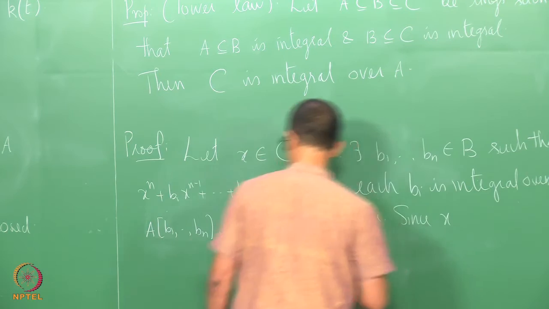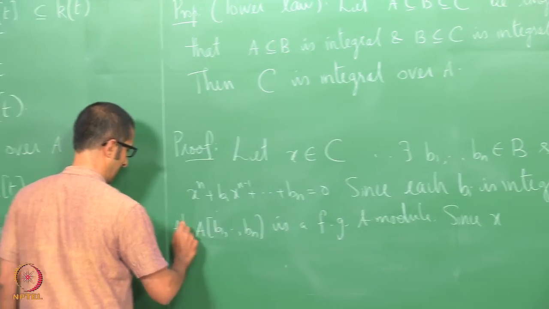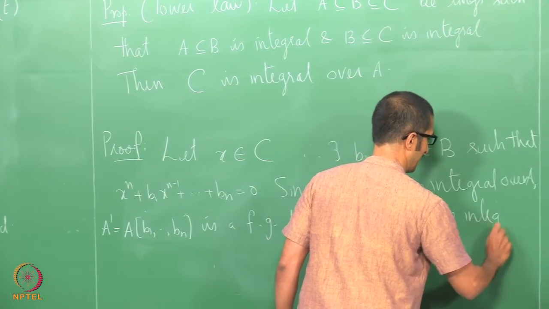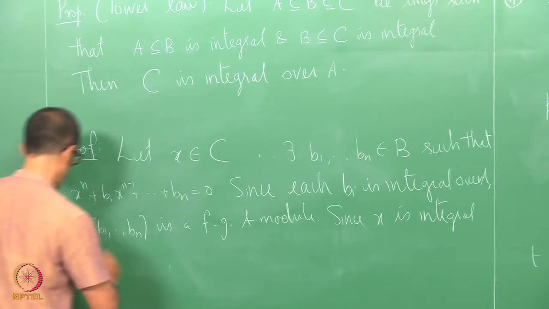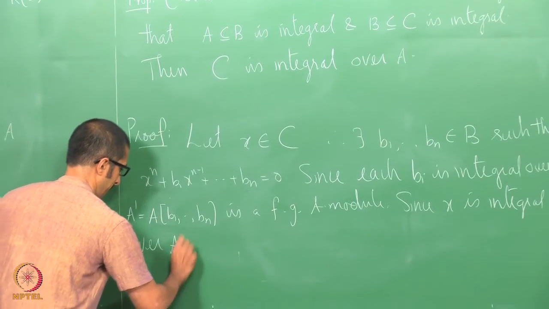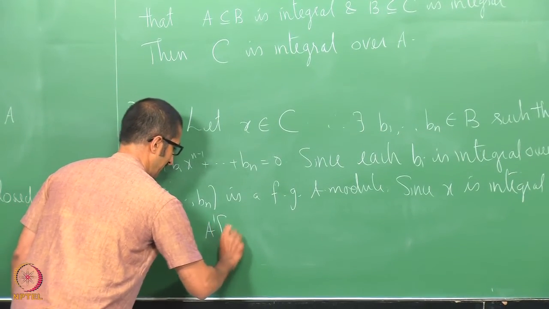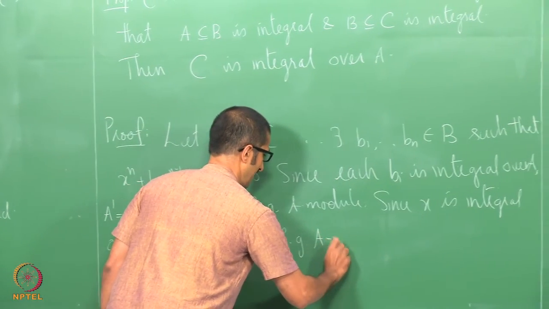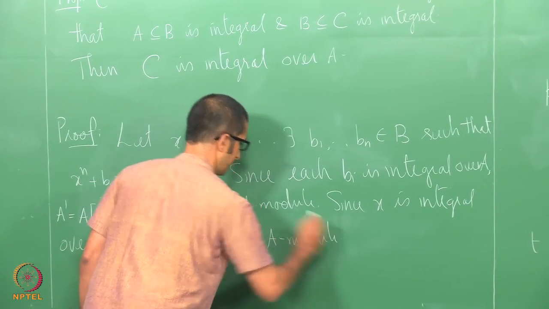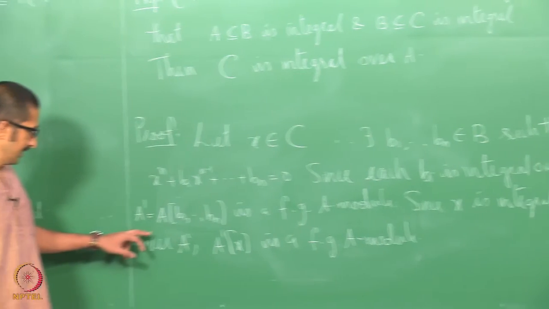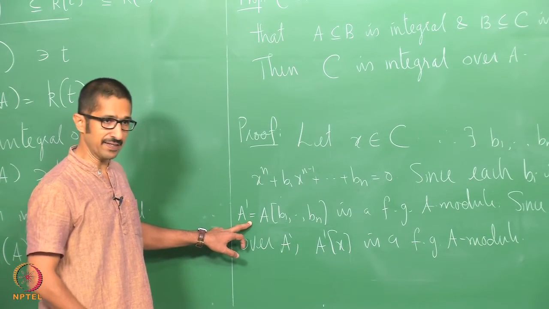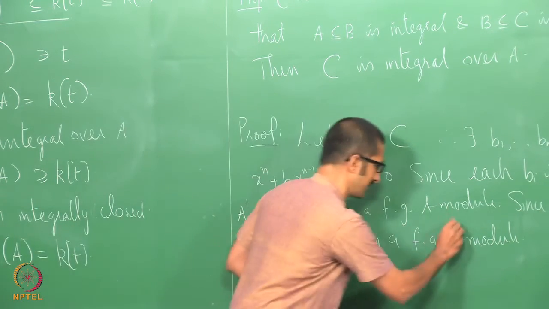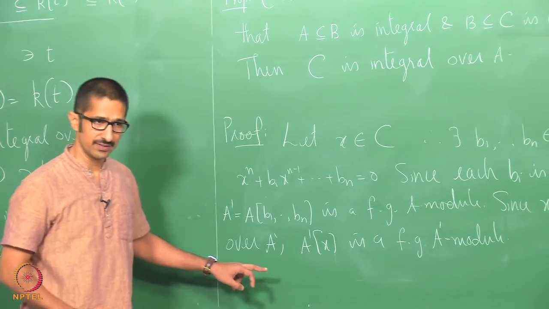So, let us write this. Let me call this A prime. Since x is integral over A prime, A prime x is a finitely generated A prime module. A prime is a finitely generated A module.